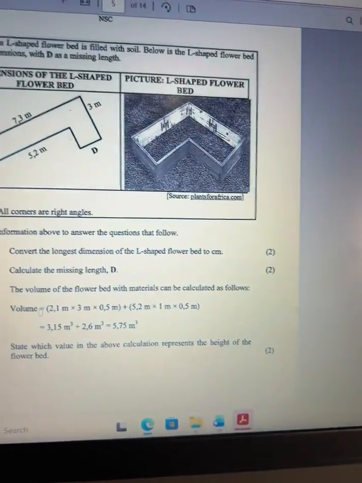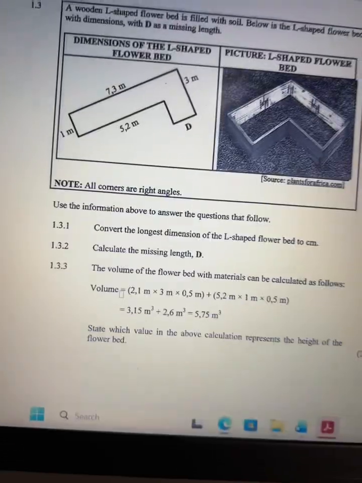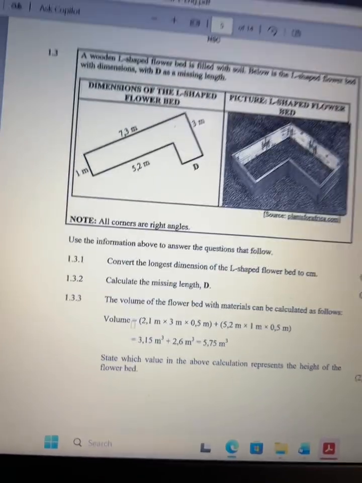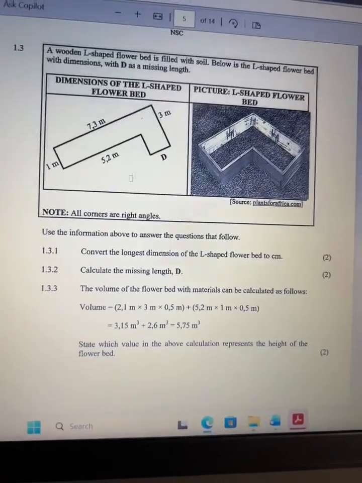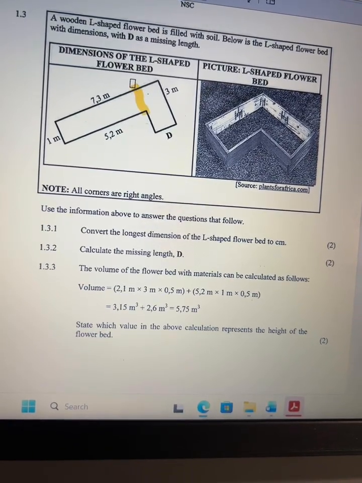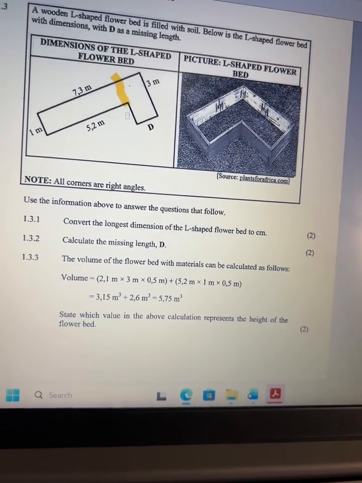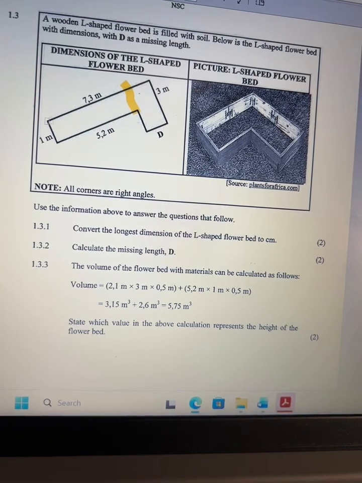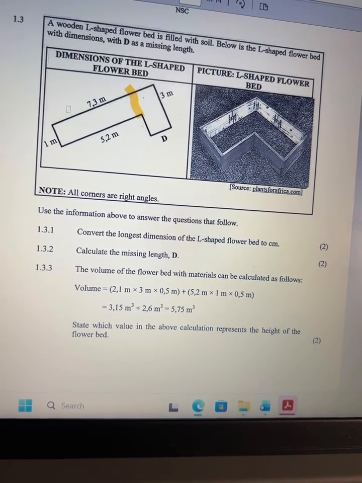Let's go to 1.3.2. They said calculate the missing length D. If we check here, D is representing this space, and on the other side we have the longer length.